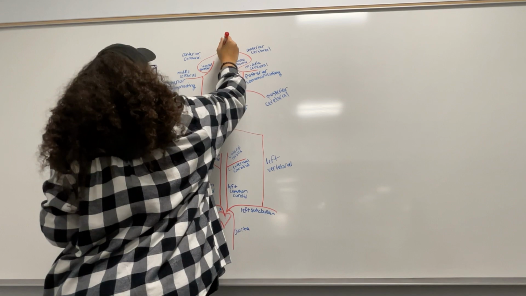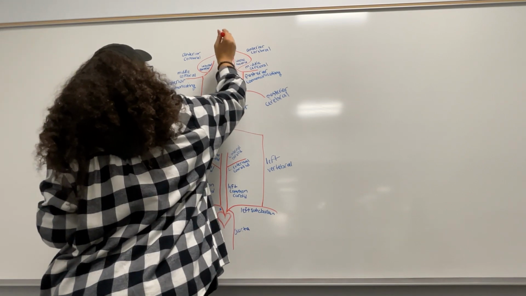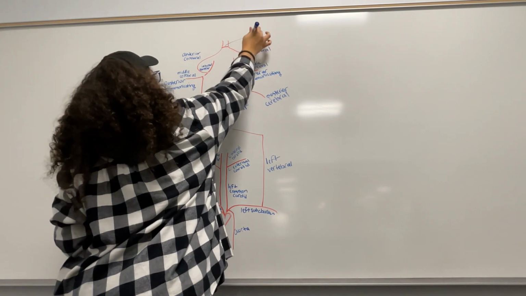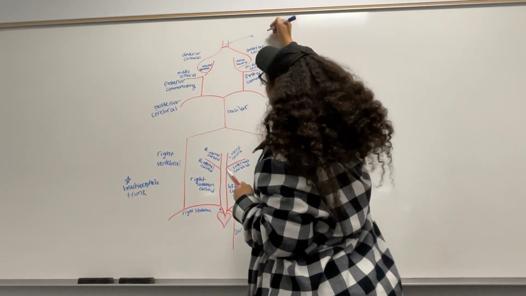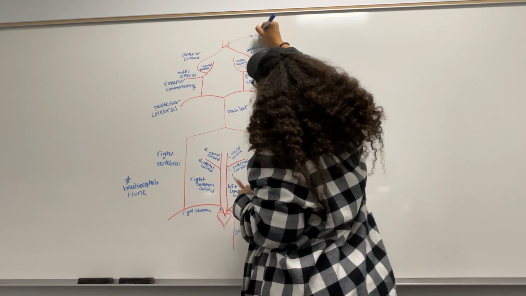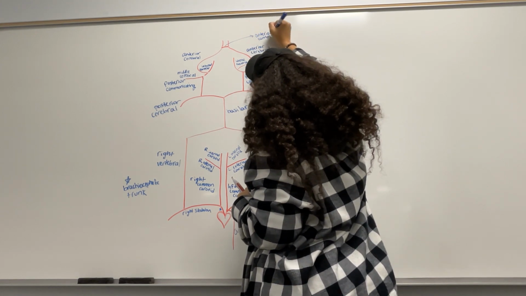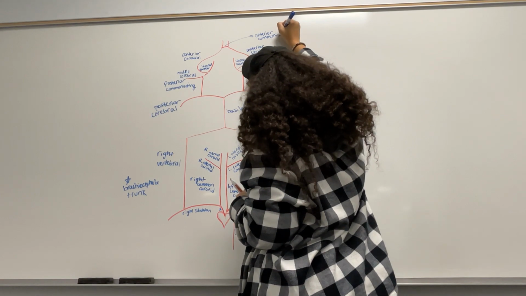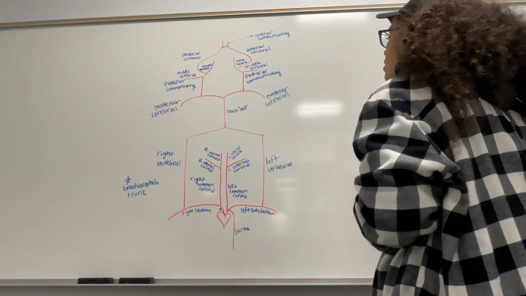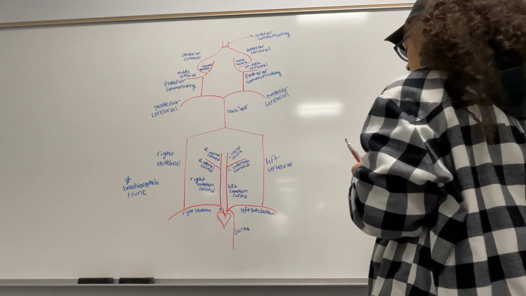And then in this area right here, where I've connected both anterior cerebrals, I'm going to indicate over here, this is the anterior communicating. And there are the blood vessels for the head and neck.